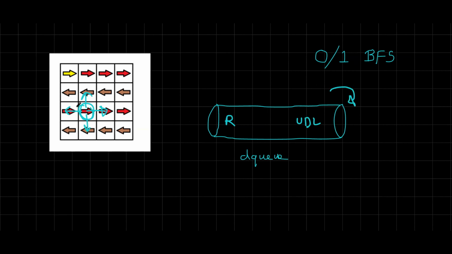So this up, down, and left will be inserted into the back side of the deque. That means, for any cell, we will try to reach the immediate cell, which we can reach directly by using this cell, which is the right one. Afterwards, it can be possible that it is not the optimal solution, so we have to flip the sign. If we flip the sign, we have to insert the other directions into the back of the deque.